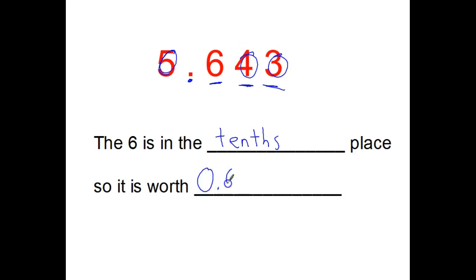So it's 0.600. Normally when we write these, if there are zeros on the outside edges, either on the right side or the left side of all of the other digits, 1 through 9, we can leave them off. So this is really the same as 0.6, which puts a 6 in the tenth spot. So if I have 6 in the tenths, it's worth 6 tenths.